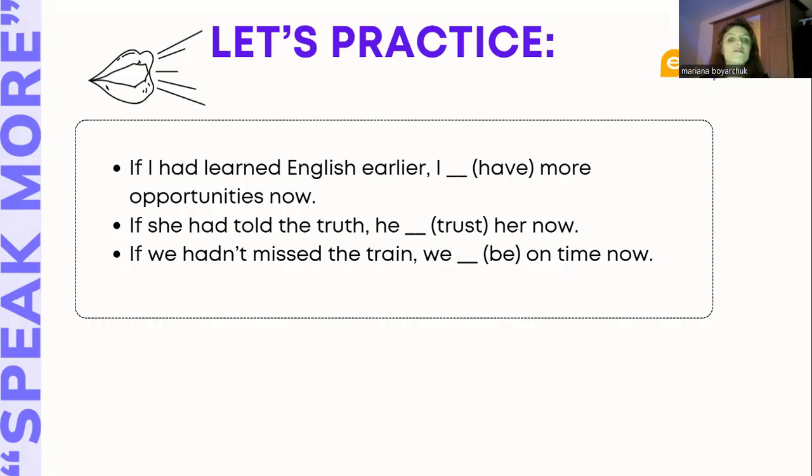So pay attention. If I had learned English earlier, what kind of action is that? When did it happen? And when is the action in the second half happening? More opportunities now.